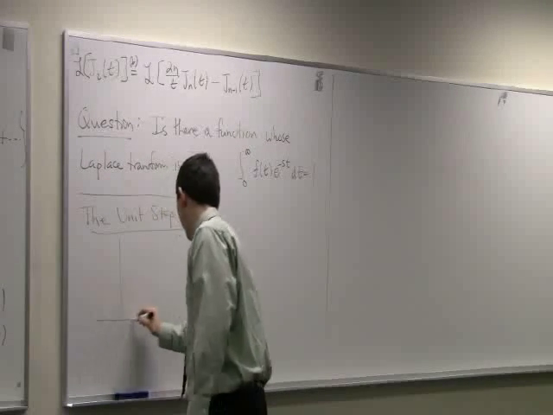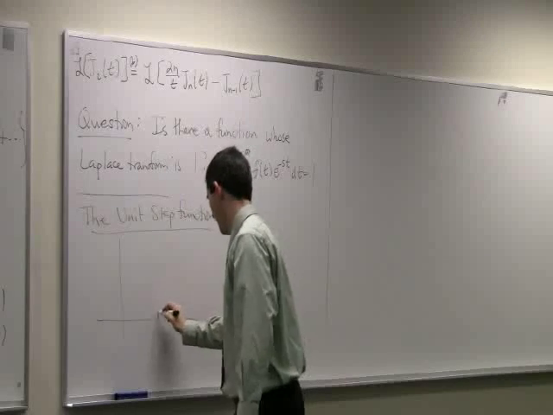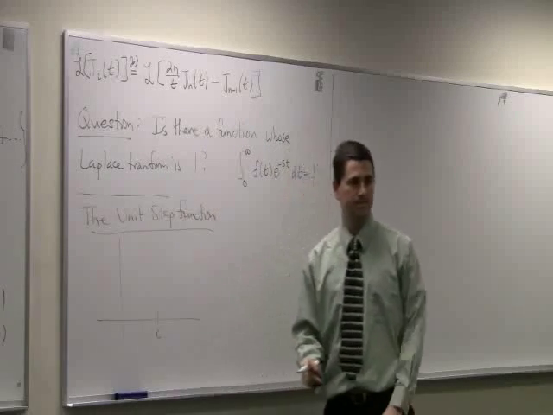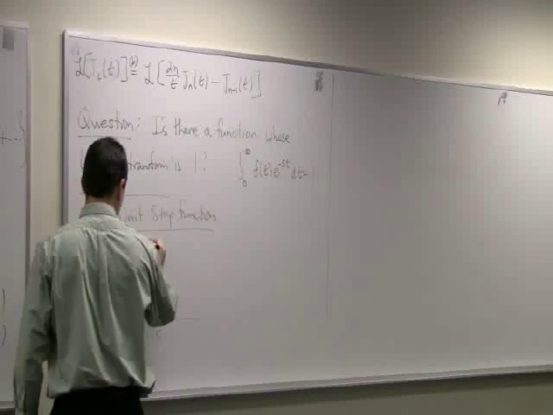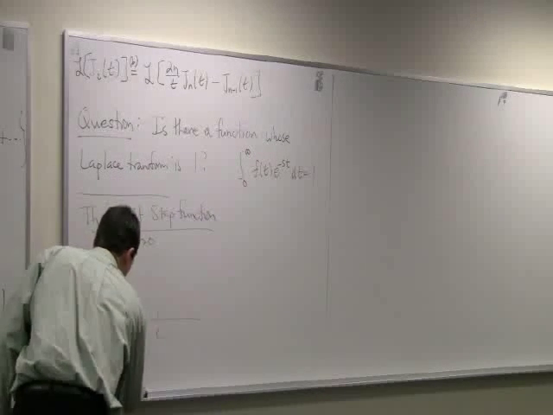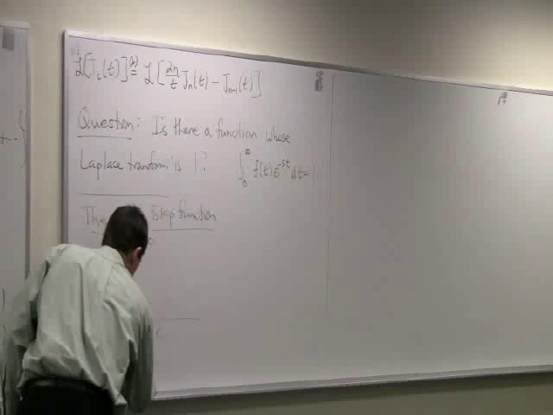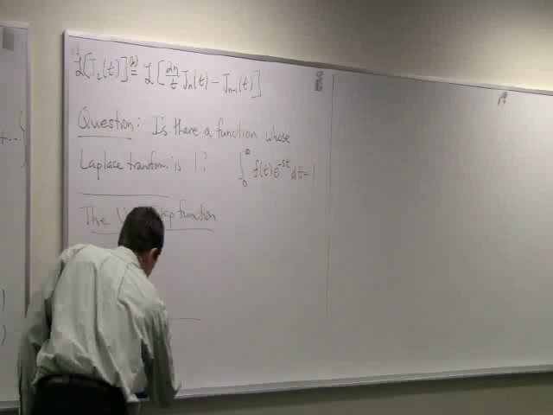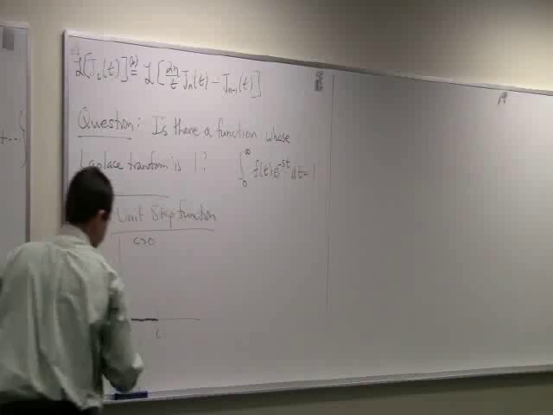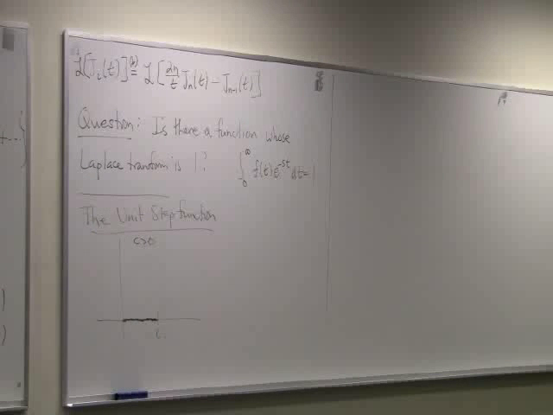It's going to look like this. You pick some number, say c, and we're always going to assume c is positive. And you define the function to be 0 until you get to c.